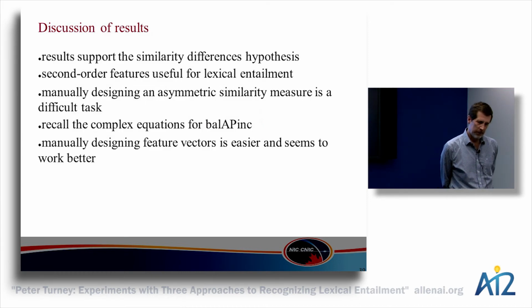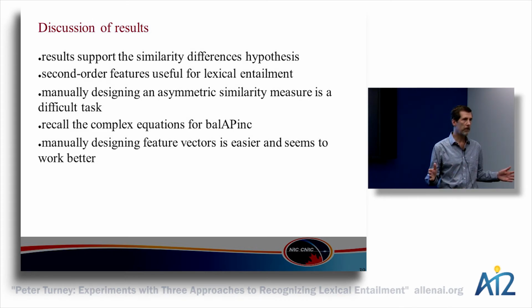So, summarizing the results, I didn't get the first point. I'll just skip over it. Manually designing asymmetric similarity measures is quite challenging. You remember those equations I showed you for BALAPinc. There's a lot of difficult thinking that went into creating those equations. When you switch to a supervised approach, as Baroni did and as Saif and I did, all you have to design is the features for your feature vector, and you let the supervised learner worry about what to do with those features.